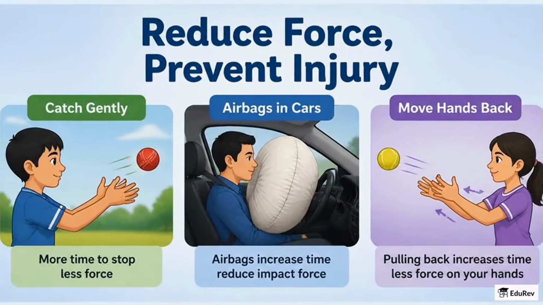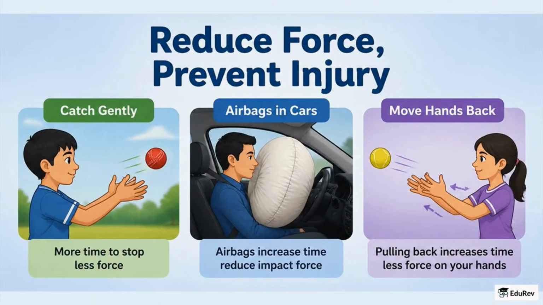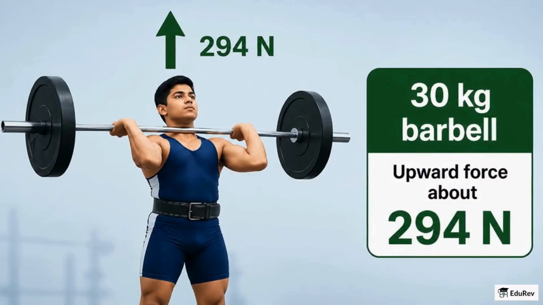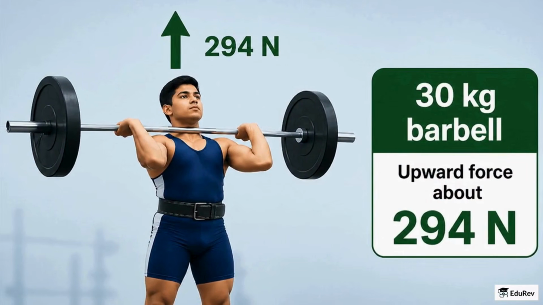Real examples: catching a ball gently, airbags in cars, and pulling hands back while catching reduce force and prevent injury. A weightlifter holding a 30-kilogram barbell must apply about 294 newtons upward using g equal to 9.8 meters per second squared.